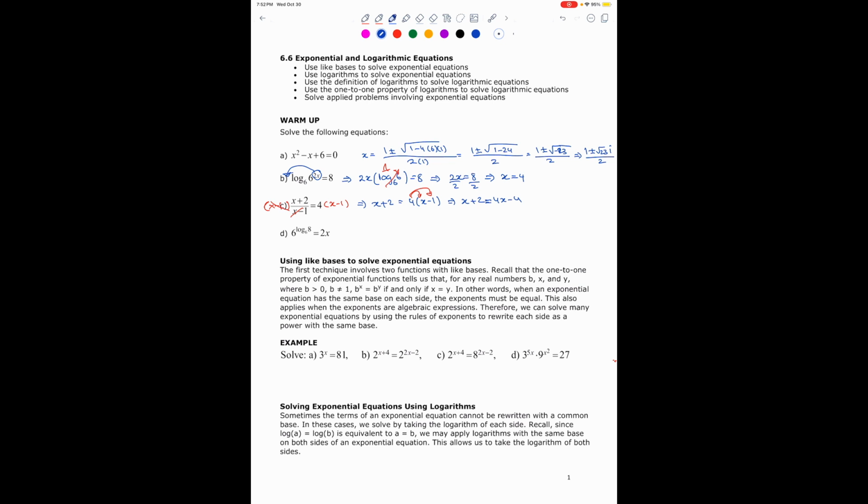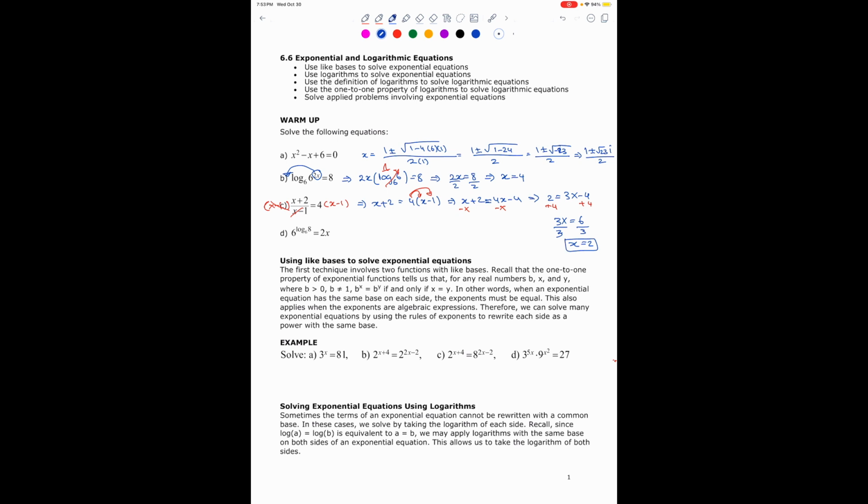Now we're going to gather the x's together. So I'm going to subtract x from that side and that side. We will end up with 2 equals 3x minus 4. I will need to remove the 4 from here, so I'm going to add 4 to both sides. I will get 3x equals 6. Divide both sides by 3. We get x equals 2.